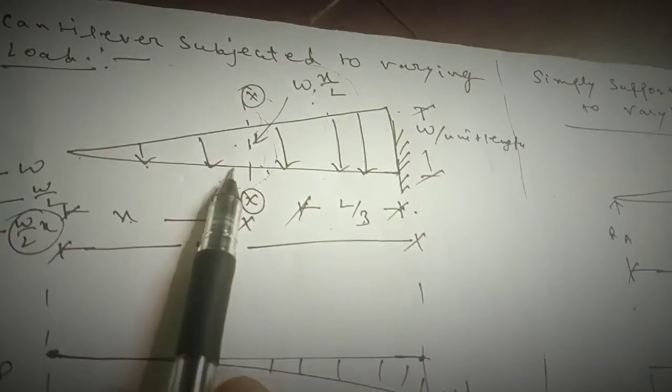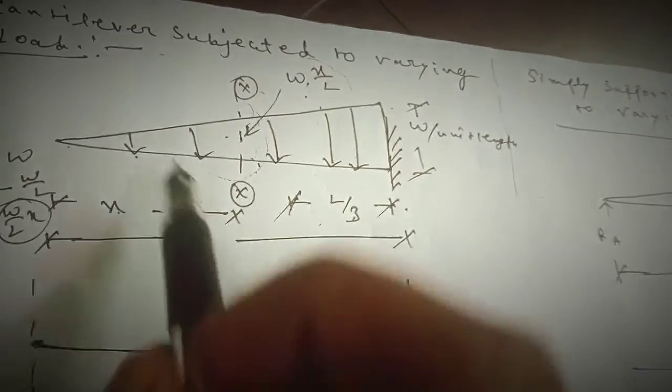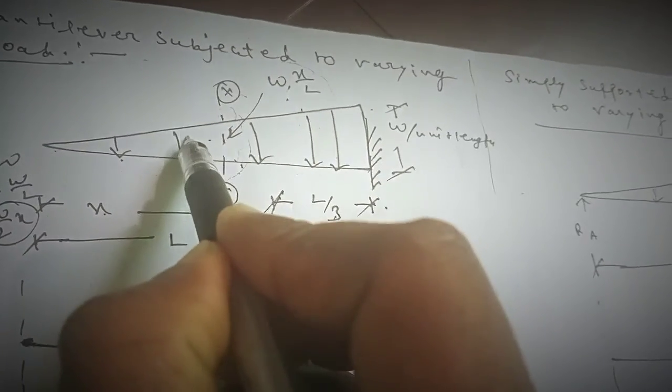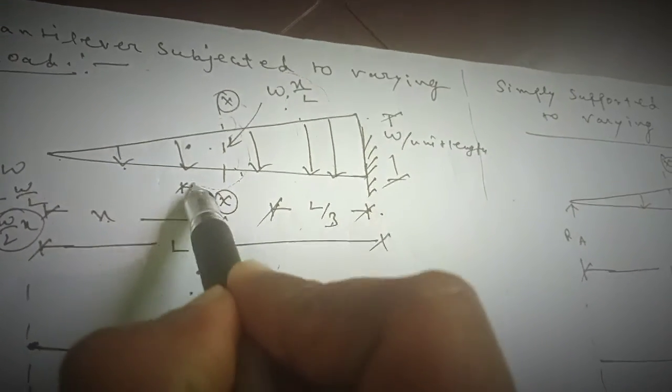And now it will be the CG. So load into distance. So what will the distance be? CG from this end will be X by 3. So what is the value of this?